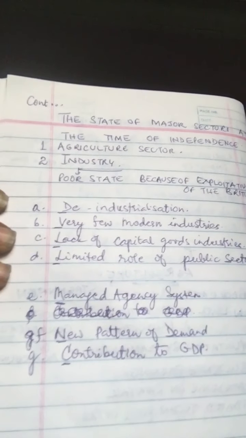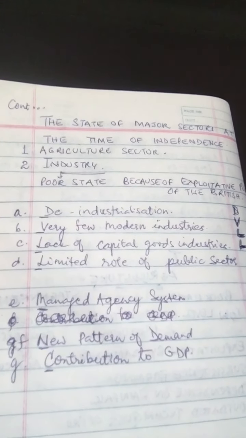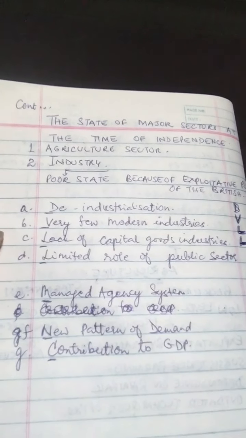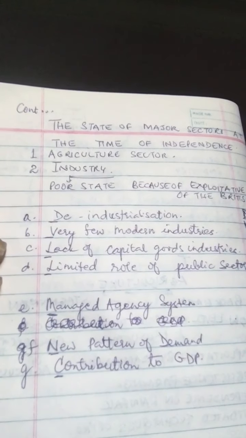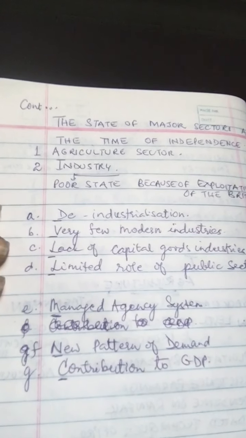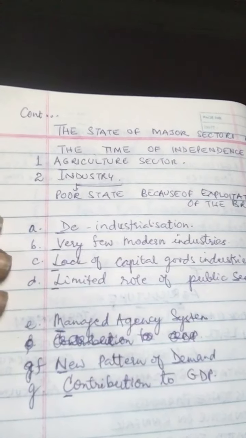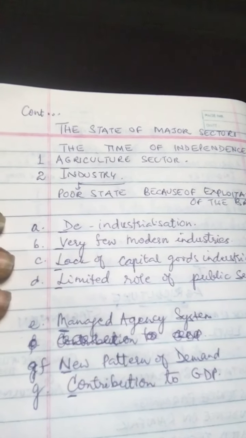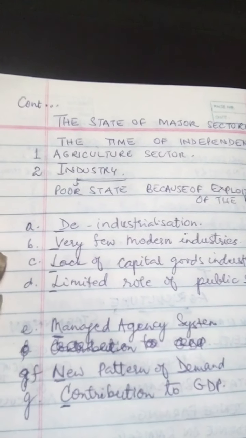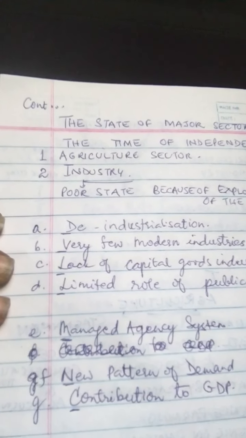And the Indian-made goods could not face foreign competition, because machine-made goods are always much cheaper. So the import of manufactured goods from England was a hit here also.